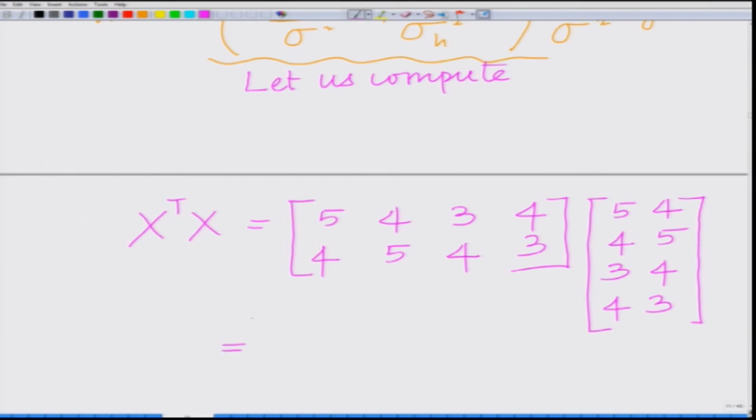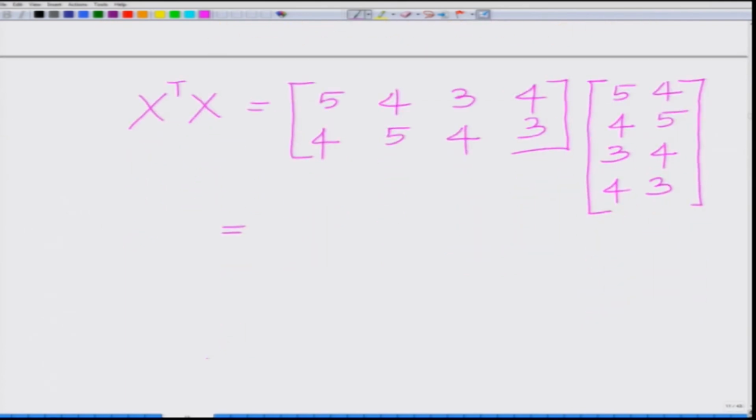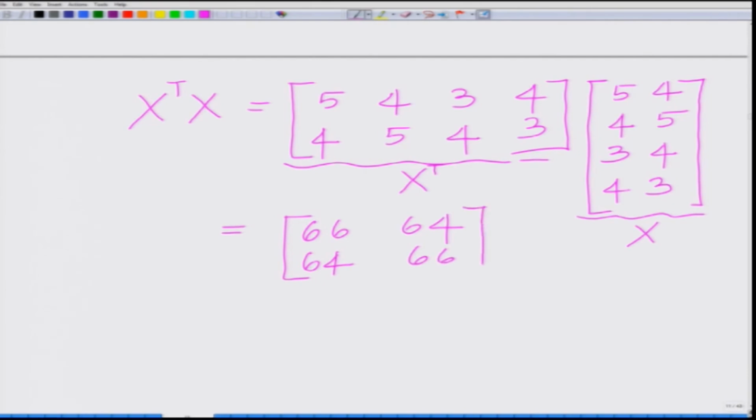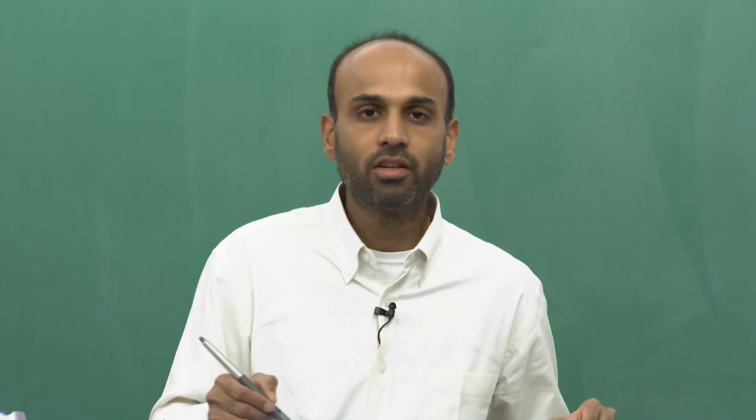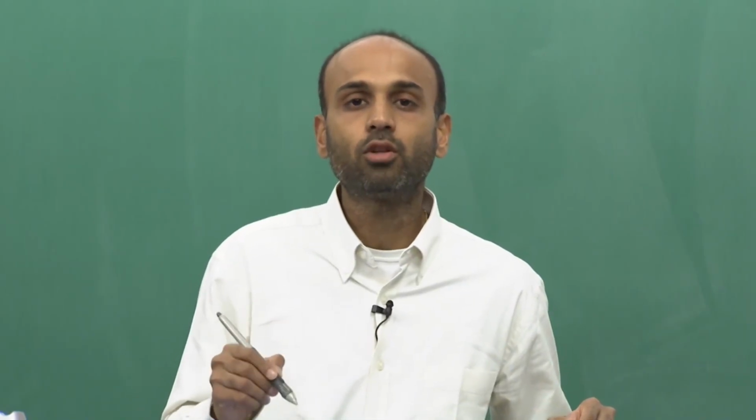You can compute this. This is your x transpose, this is your x, and this will become 66, 64, 64, 66. Of course, since x transpose x is a symmetric matrix, the transpose of this matrix is equal to itself, and naturally you can see that this is a symmetric 2 cross 2 matrix.